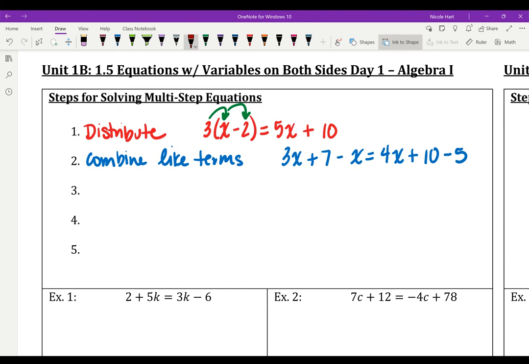We would combine that 3x and x on the left-hand side and 10 and negative 5 we would combine together on the right. So this would turn into 3x minus x is 2x plus 7 on the left. And then on the right-hand side, that would turn into 4x plus 5.